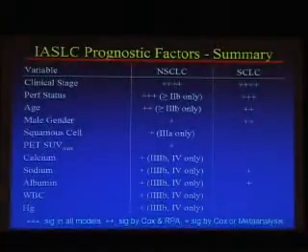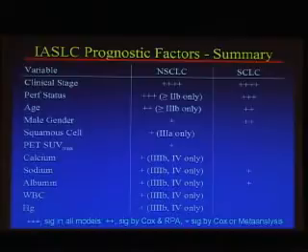I think it's not quite there. So this is another summary that they did, and certainly clinical stage panned out no matter what analyses they did. Performance status panned out fairly well in the more advanced stage non-small cell lung cancer patients and the small cell. But then when you go through the rest of them, it really only panned out in certain groups and with a lot of caveats, and it really didn't pan out as well as we might have thought.